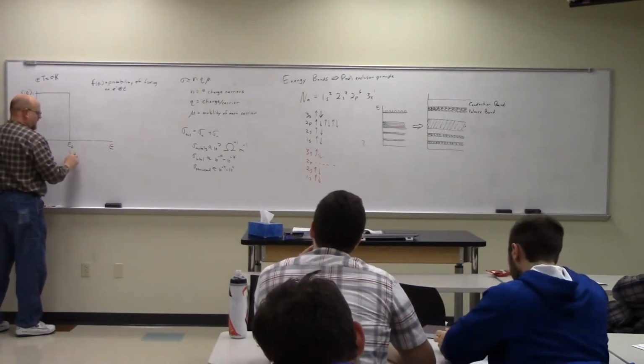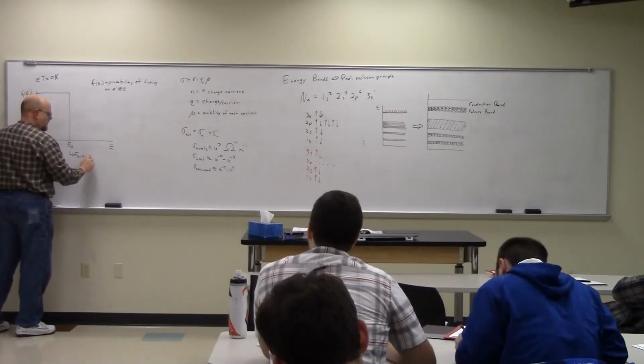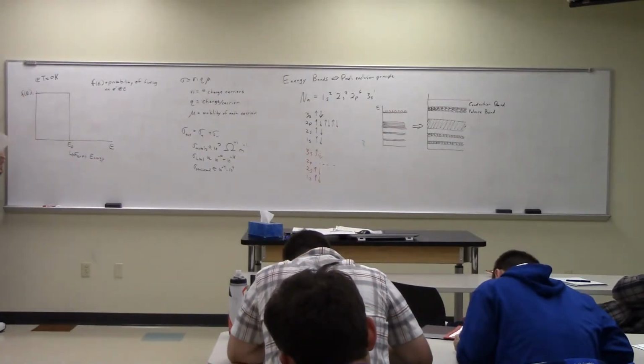E sub F is called the Fermi energy. And F of E is the Fermi function.